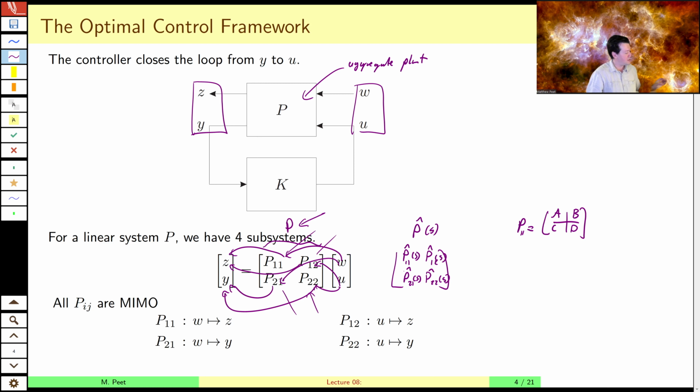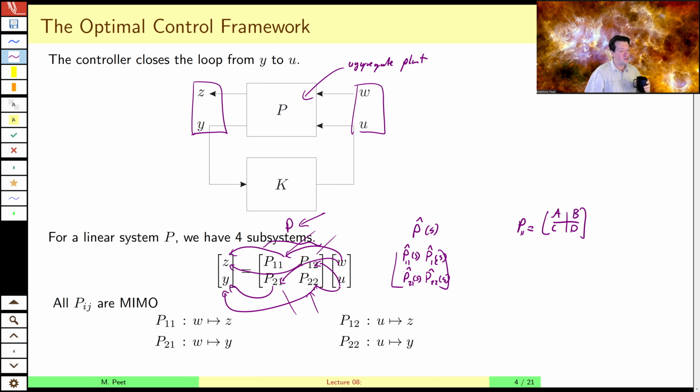It doesn't work like that because the state space representations are not algebraic. You can't treat the state space representations in the same block diagram algebra that you can for the system or the transfer function.